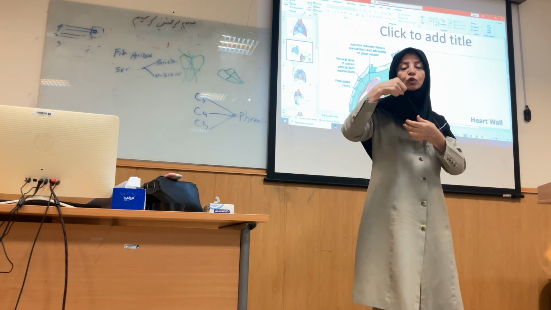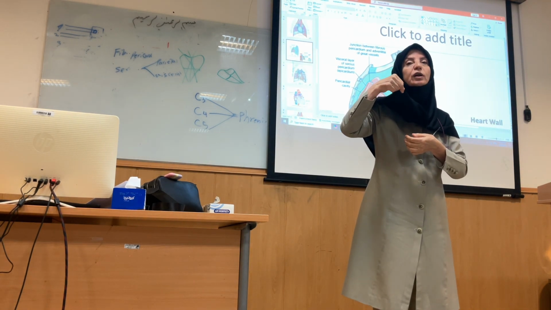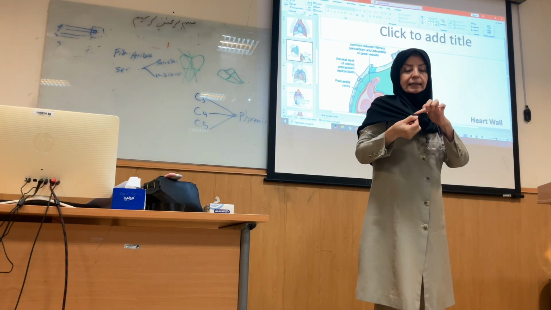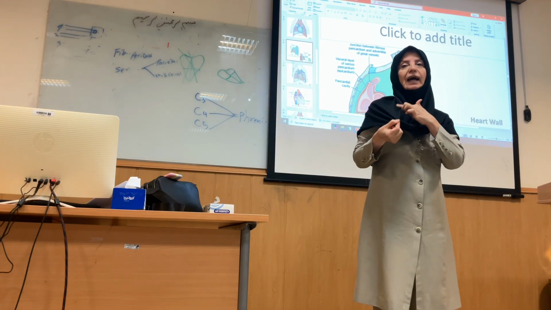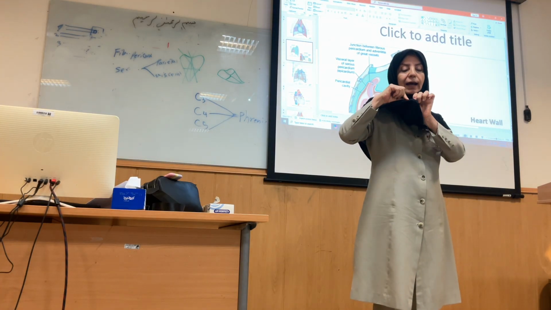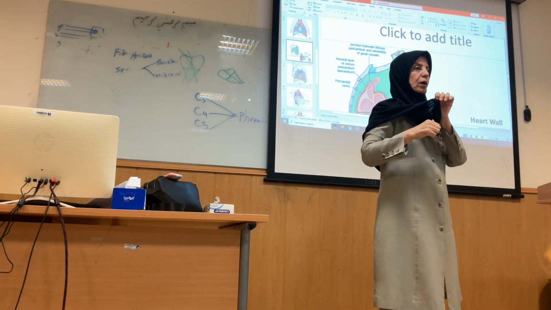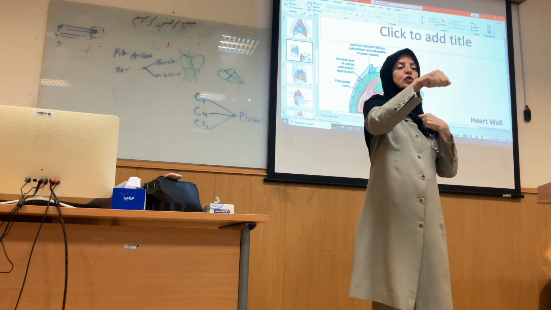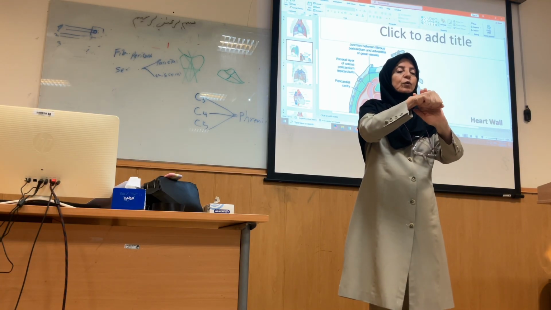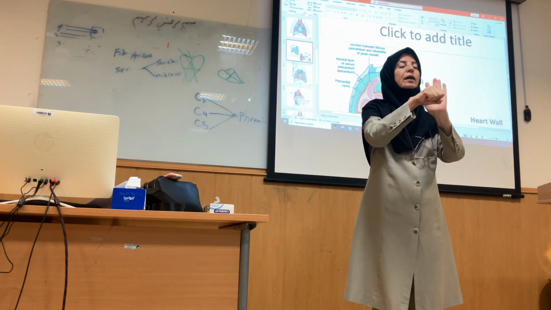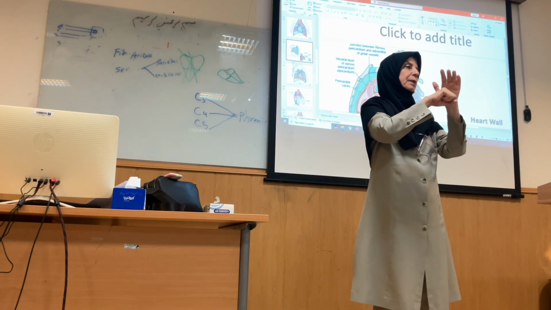Normally I show you one layer, but histologically the external and inner layers are different. Externally we have the fibrous pericardium, and the inner layer is the serous parietal pericardium. Then I remove it and show you the heart. The outer layer of the heart that I am not able to separate we call visceral serous pericardium.